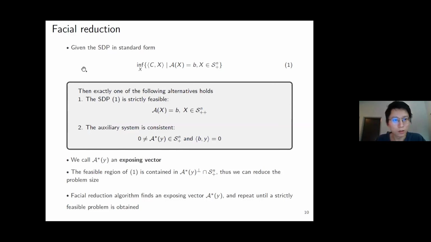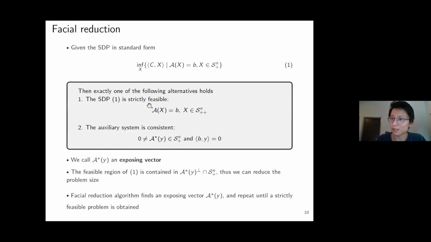Then exactly one of the following alternatives holds. First, the semi-definite program 1 here is strictly feasible. So there exists a matrix X such that A(X) = b and X is positive definite. And in this case, we're happy and the story ends.